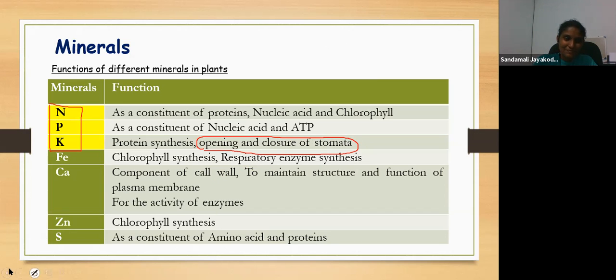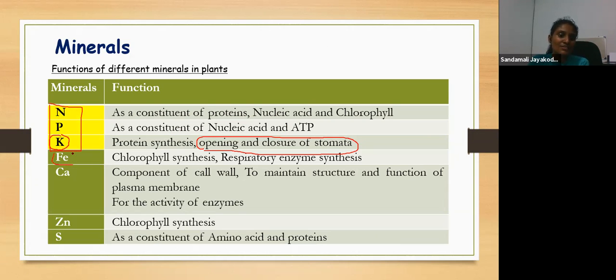Yes, teacher. Okay, yes, carbon dioxide gas and oxygen gas are removed and taken in by stomata, and also water is released. Transpiration occurs through stomata. I think opening and closure of stomata is done by this potassium, instead of acting as N and P as the constituent of different elements.